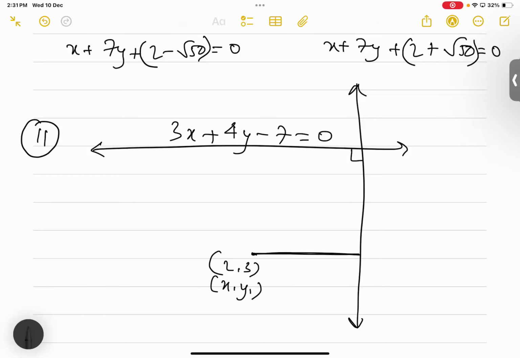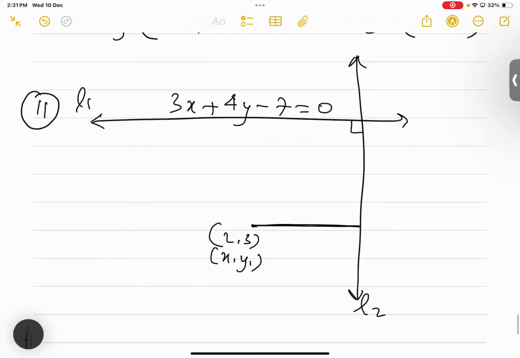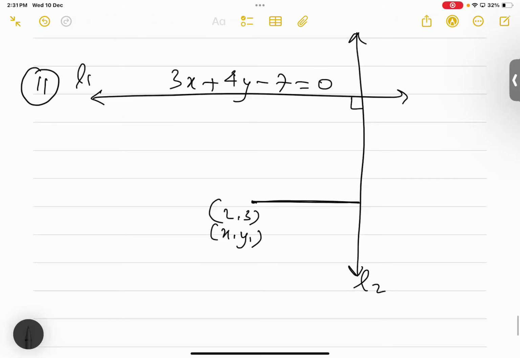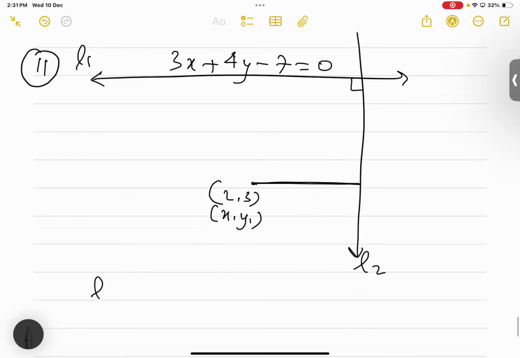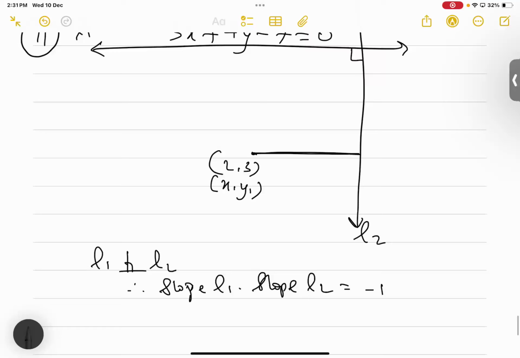This other line L1 is perpendicular to L2. So the L2 line is at a distance of 3 units from 2 comma 3. Correct? Yes or no? Now we'll try to find the equation of the perpendicular line. L1 perpendicular to L2, therefore slope L1 into slope L2 equals minus 1.